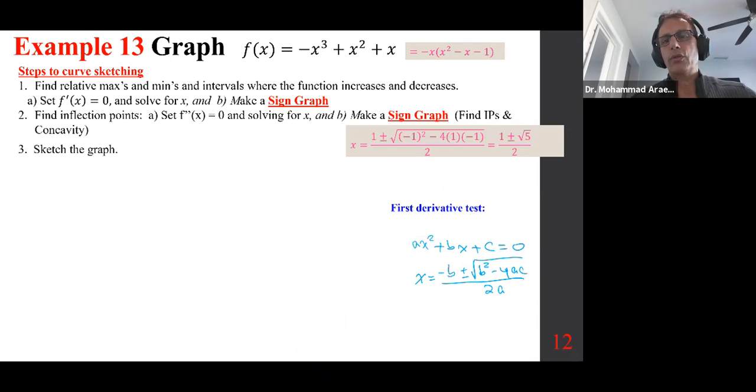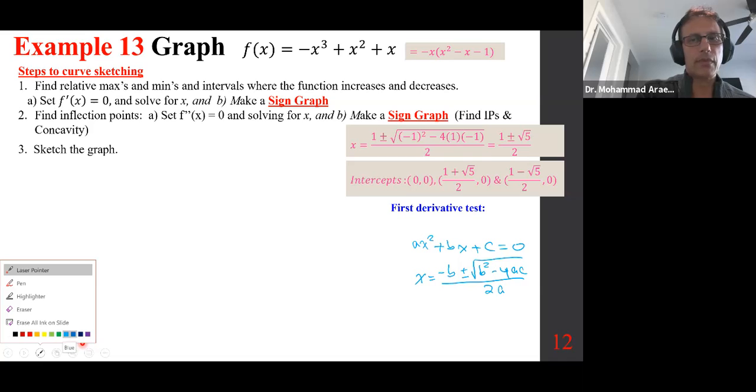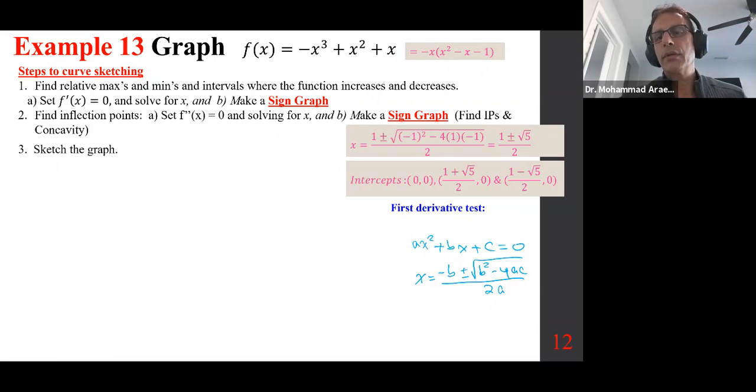So going through that process, we get those, and therefore we have the following intercepts. The first one is 0, so (0, 0). Then (1 plus square root of 5) divided by 2, and (1 minus square root of 5) divided by 2. Square root of 5 is roughly about 2.2.